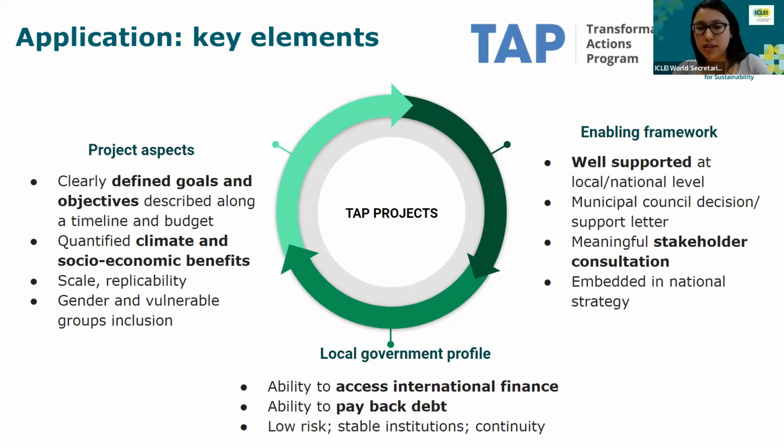And finally, for the local government profile, as Esther already mentioned, the application can be submitted by the local government, but in the case that any other entity or partner wants to apply on its behalf, the application must include a supporting letter. We also look for the ability of the local government to access international finance and its capacity to pay back debt, as well as other elements related to low risk investment, stability of institutions involved in the project, and the potential continuity of the project.